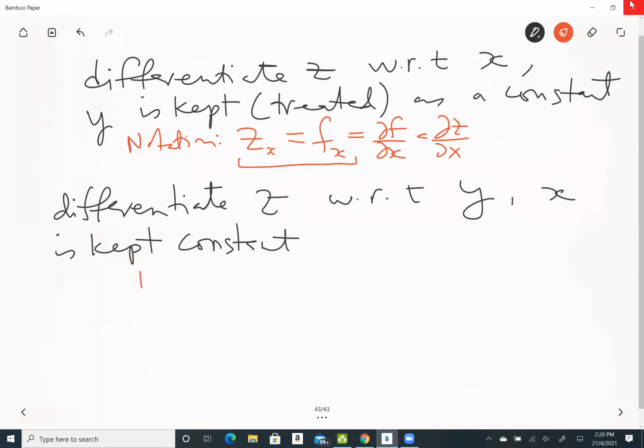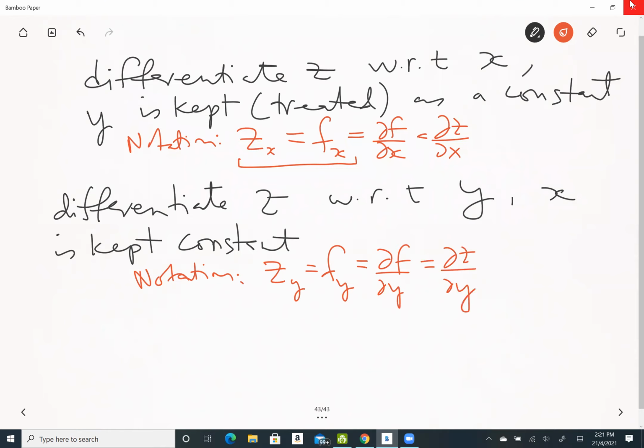And then for the derivative with respect to y, we write zy equal to fy equal to df dy equal to dz dy. I think it's good that I wrote the d. The d here is not the d that we used to have.